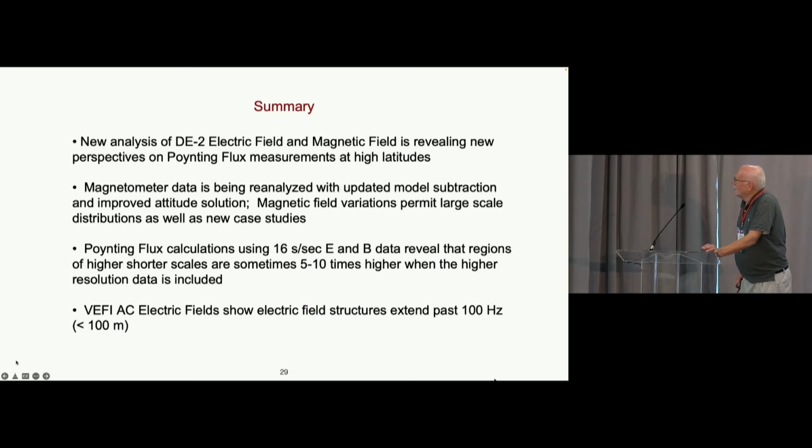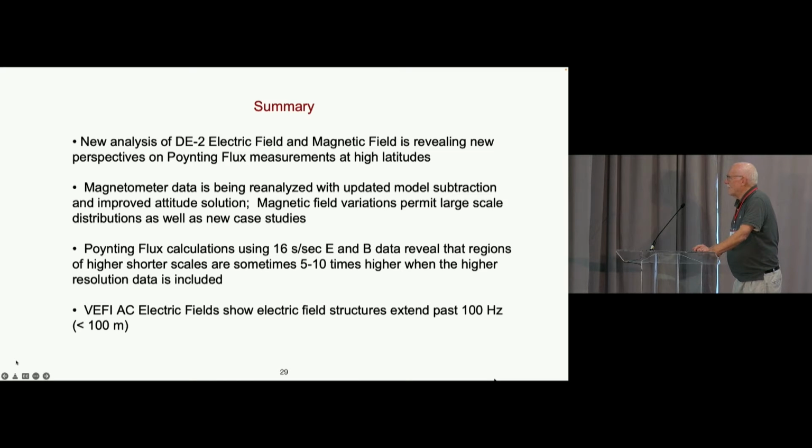Okay, so to conclude, we're doing new analysis of the electric field and magnetic field data at Goddard from DE2, and it is giving us some new perspectives on Poynting flux at high latitudes. In particular, the magnetometer data has been reanalyzed using updated model subtraction and improved attitude solution, and the magnetic field variations permit this large-scale picture as well as case studies, same with the electric field.